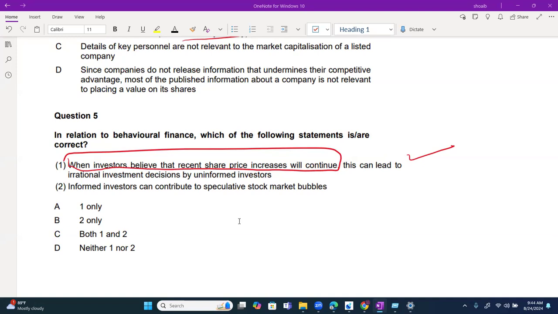That is a mistake. So informed investors often make this mistake. They become part of the circle. Okay, both are correct.